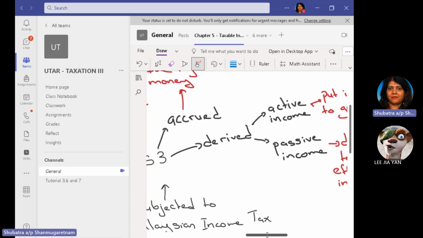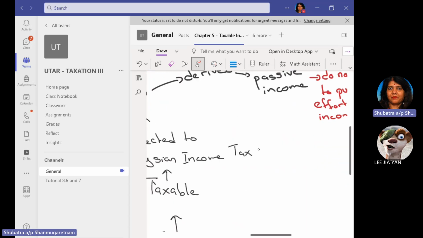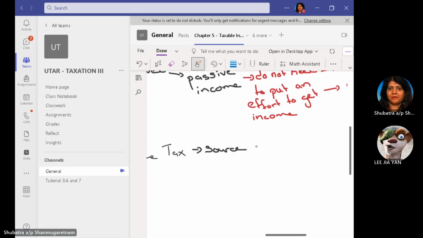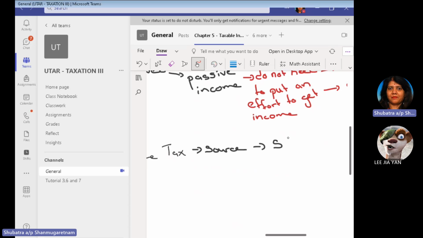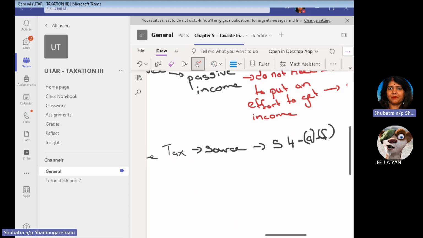So you guys studied under tax 1, again under tax 2. Your sources of taxable income is under section 4. I will go through this with you all shortly. It's under section 4. So you have section 4, A, B, C, D, E, F. Section 4, subsection A, up to subsection F. That is your sources of income.